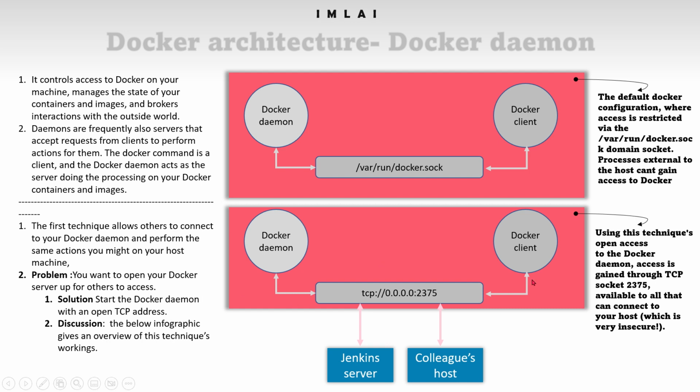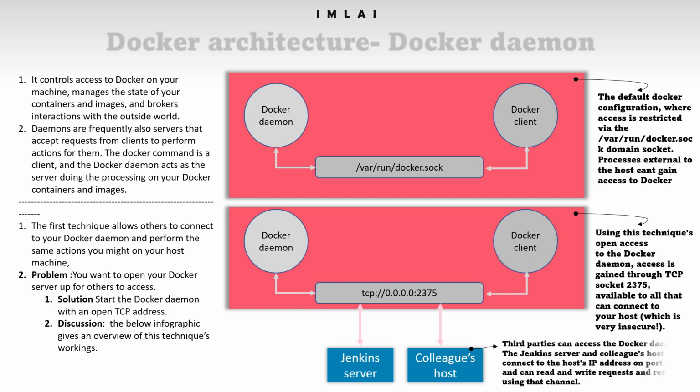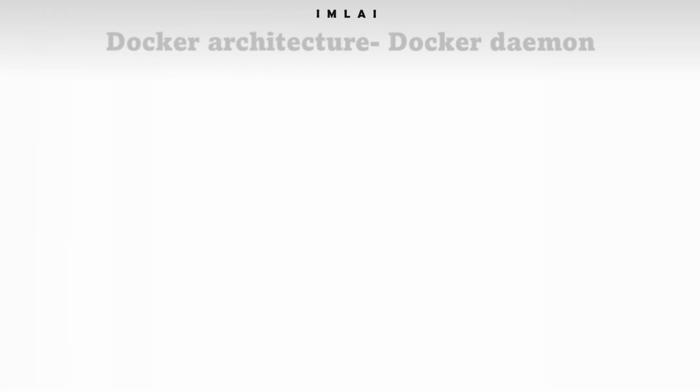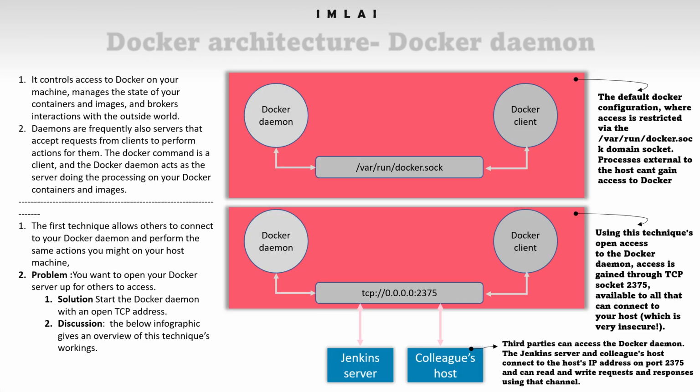So in the second case, the Docker client can be from your local machine, or could be the Jenkins server, or could be a colleague's host. Basically, that's how third parties can access the Docker daemon: the Jenkins server and colleague's host connect to the host's IP address on port 2375 and can read and write requests and responses using that channel.